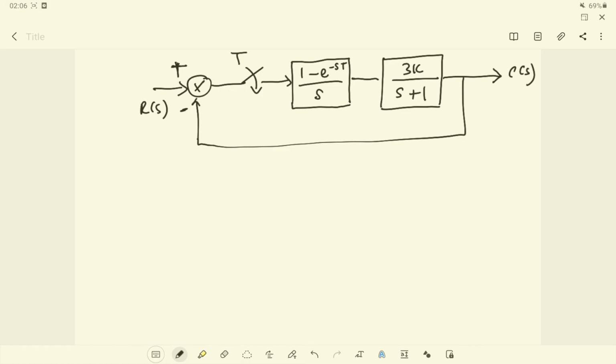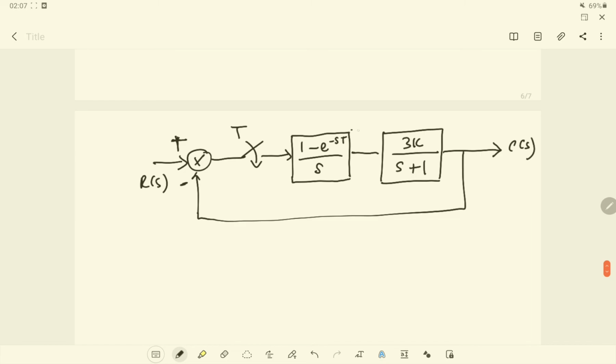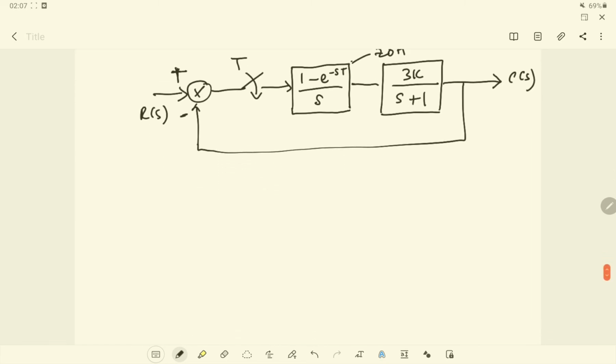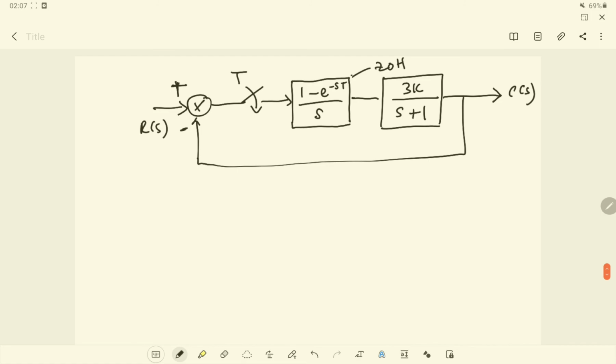What is the first step in order to analyze the system? Obviously, you have to convert it first to the digital form because it has a zero order hold here. The function of the zero order hold is to convert from digital to analog to digital. So the analysis is done in the digital form.